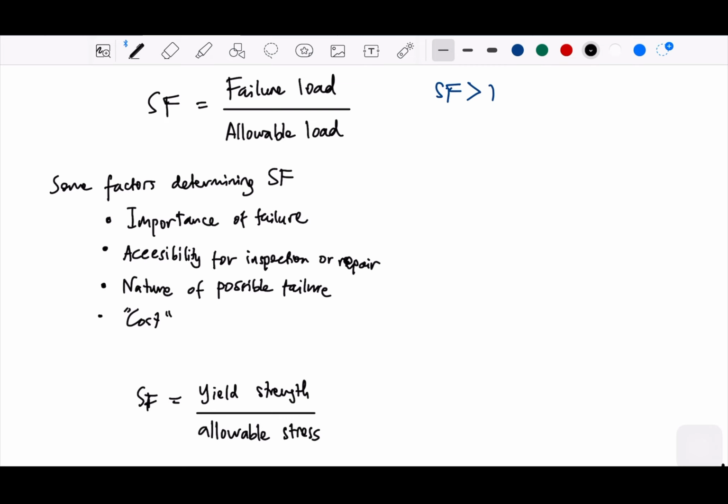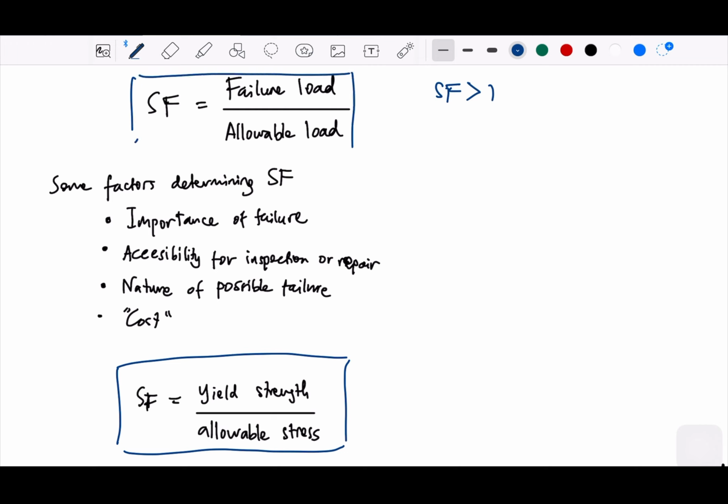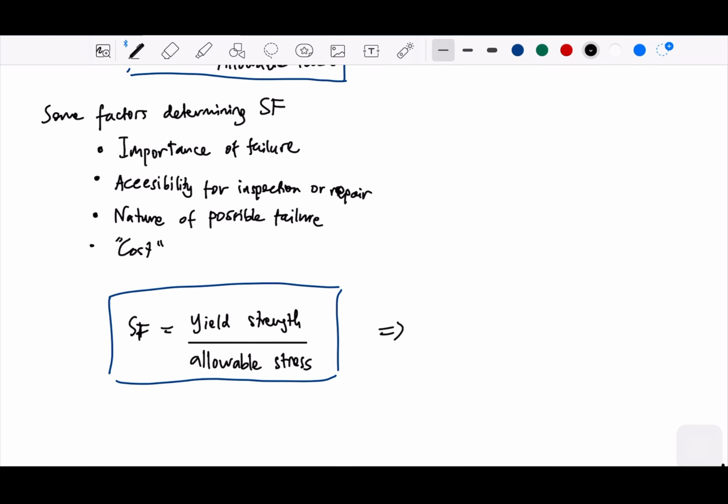We could also write the stress allowable, let me write allow for allowable, equal to sigma yield over safety factor, or the shear allowable.